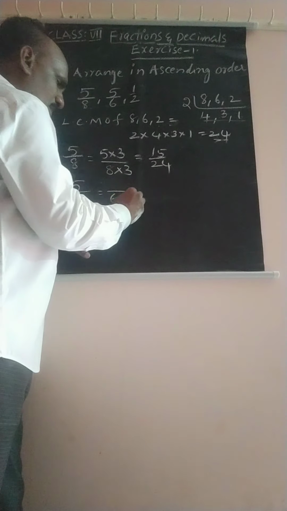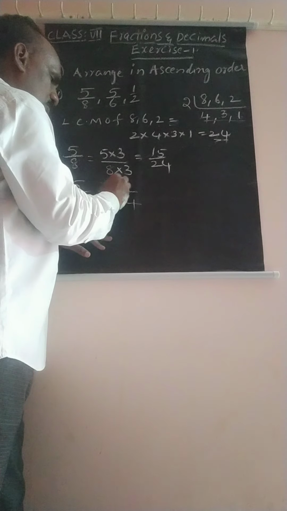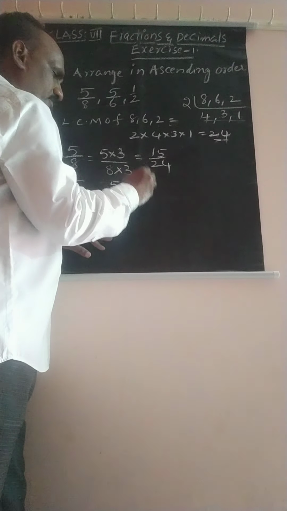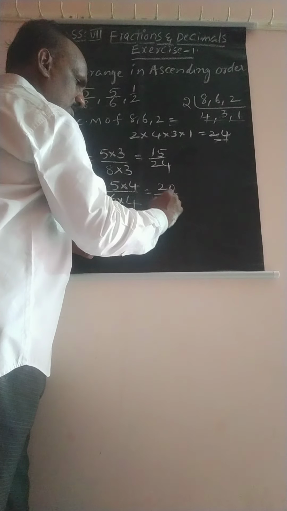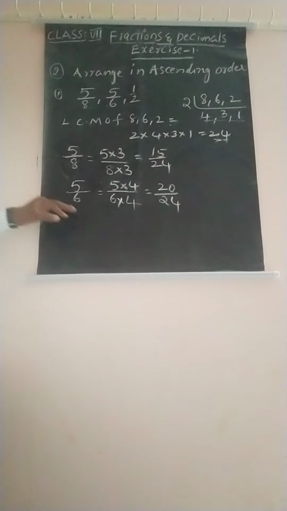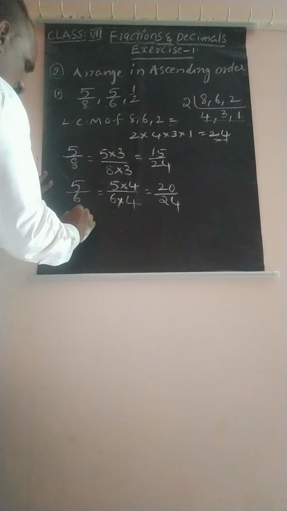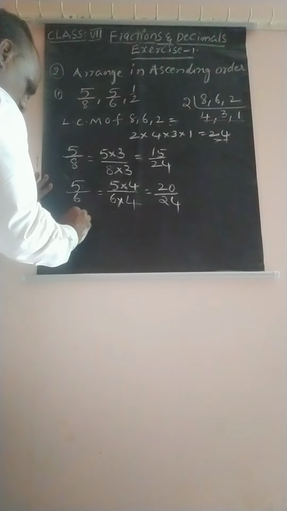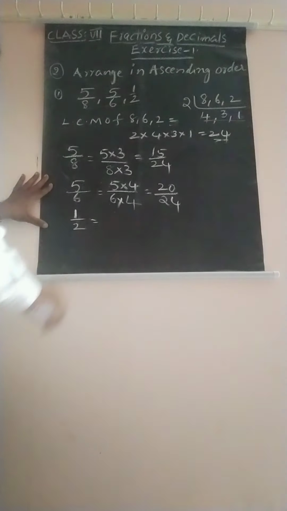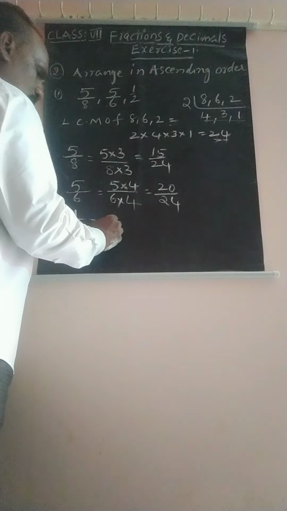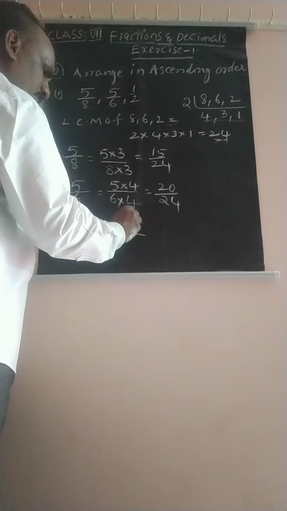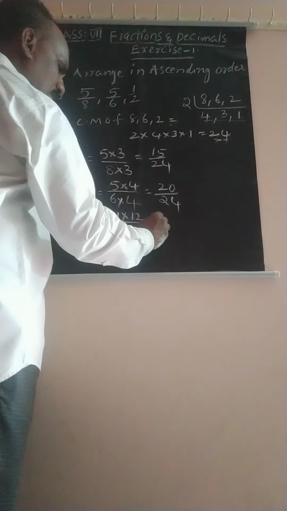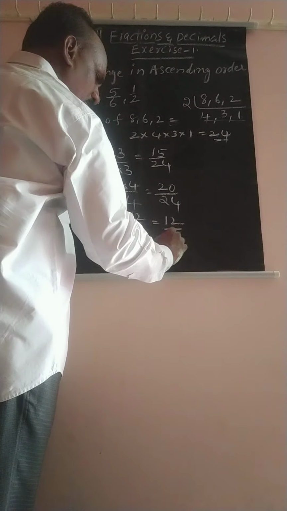Then 6 should multiply with 4, and 5 should also multiply with the same number. 5 4s are 20, so 20 by 24. Now the next one, 1 by 2. 2 must be converted to 24, so multiply with 12. 1 should also multiply with 12. 1 12s are 12, so 12 by 24.